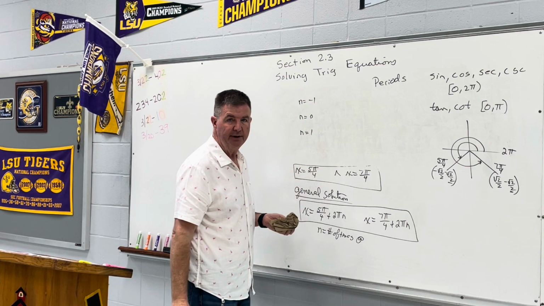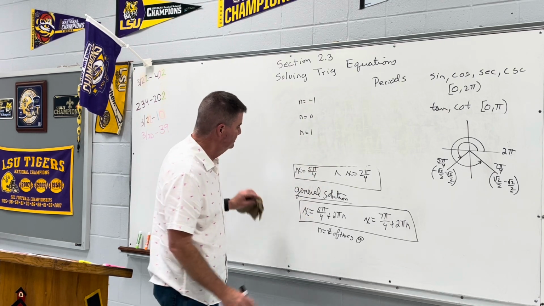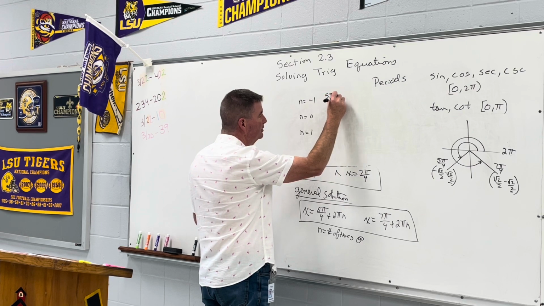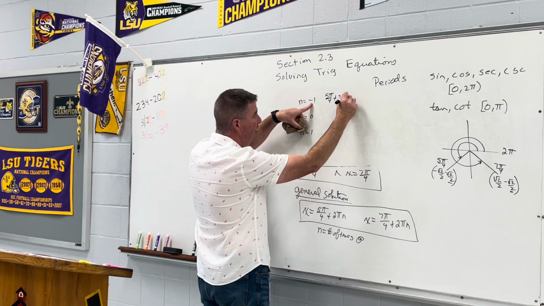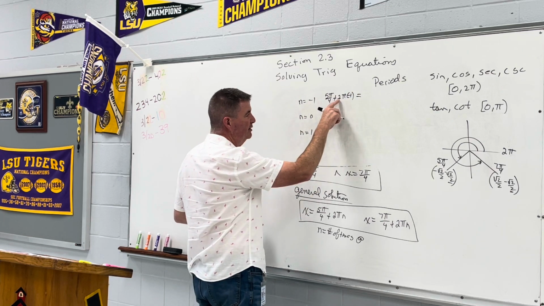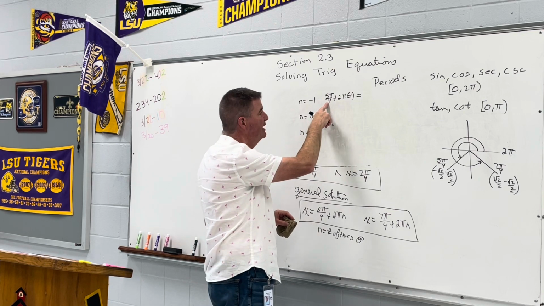We can keep on going, but suppose they're asking us this. I would take each one of these and say, okay, 5 pi over 4 plus 2 pi, n being -1, and that would be my answer. So it would be 2 pi, which over 4 would be 8 pi over 4.